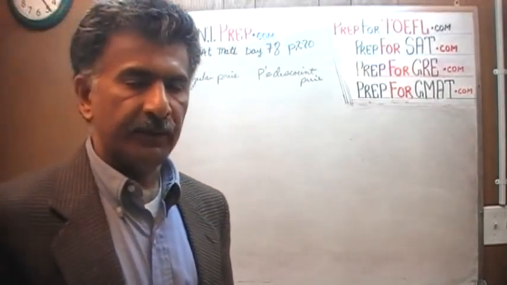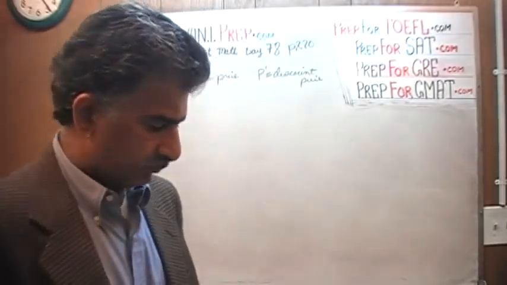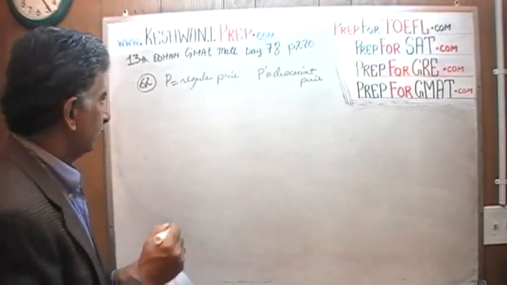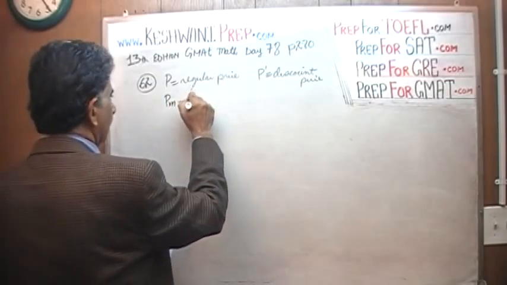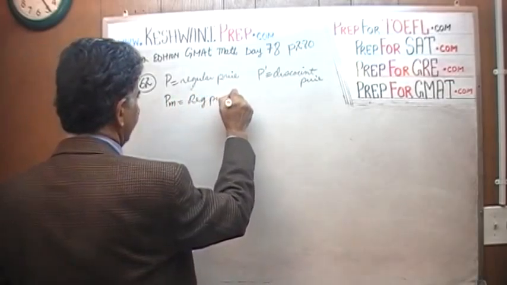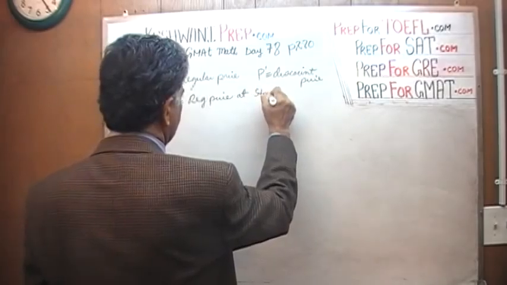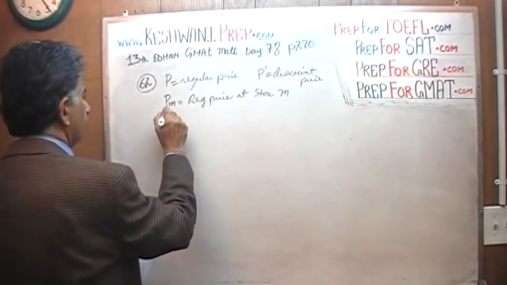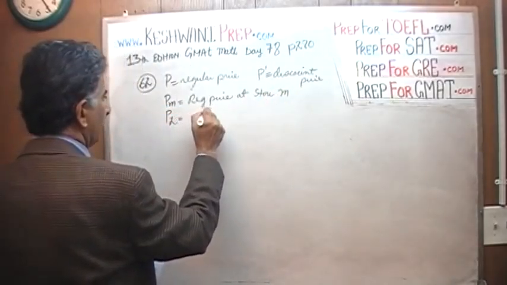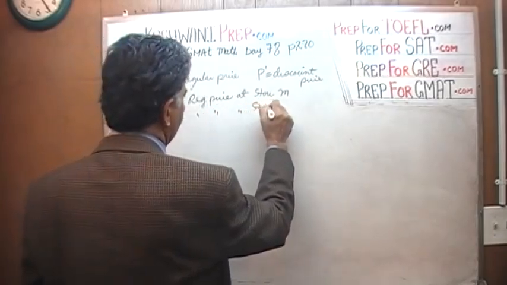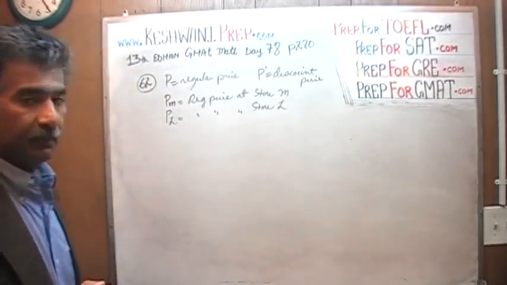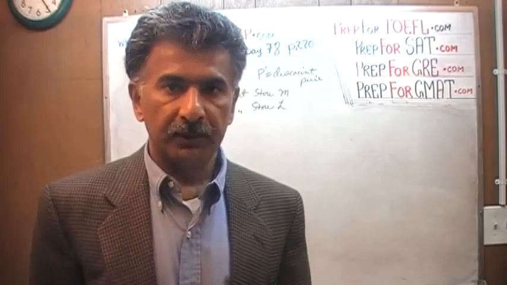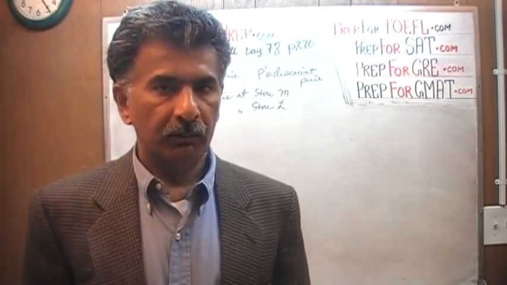We have a regular price and a discount price, and we have a store M and store L. I'm going to use P with subscript M for regular price at store M, and similarly P with subscript L for regular price at store L, and similarly P prime with subscript L will be the discount price at store L, and P prime subscript M will be the discount price at store M.